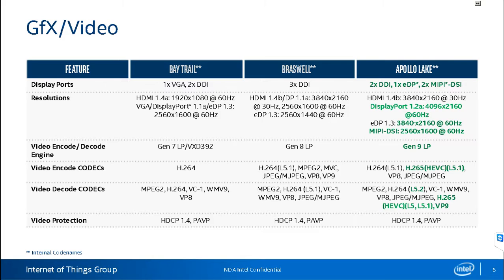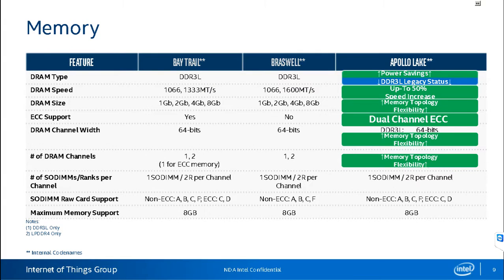So with different channels for DRAM, we can have better power savings, increase the speed in comparison to the previous family by up to 15%, and provide a very different memory topology flexibility, so you can configure with different sizes of DRAM, a dual channel ECC.